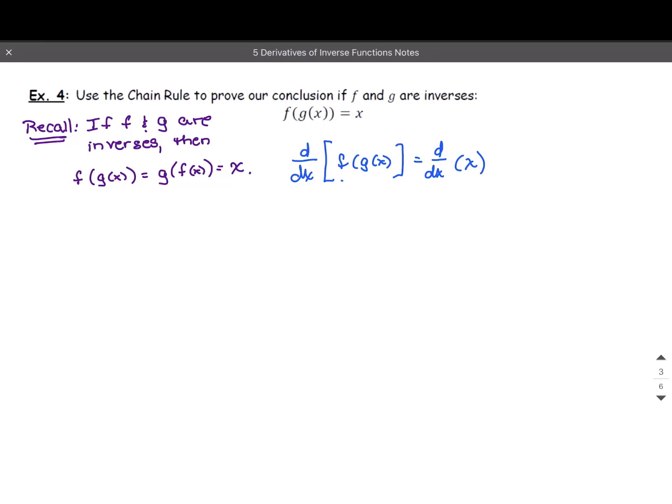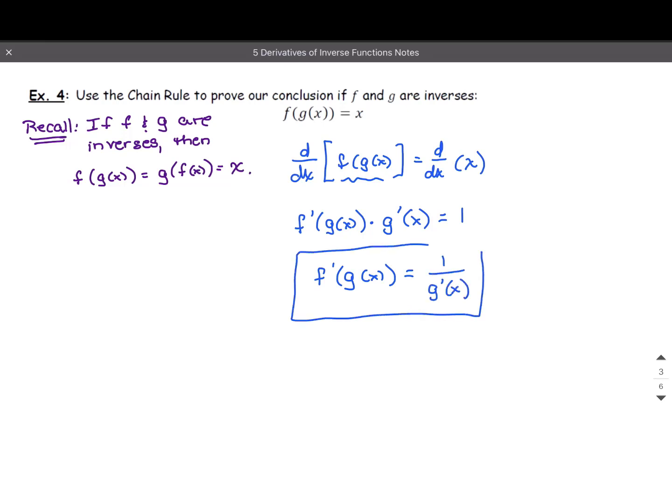Now the derivative of a composition, you take the derivative of the outside, keep the inside, times the derivative of the inside, equals the derivative of x, which is 1. Now if I solve for f prime of g of x, we get 1 over g prime of x.